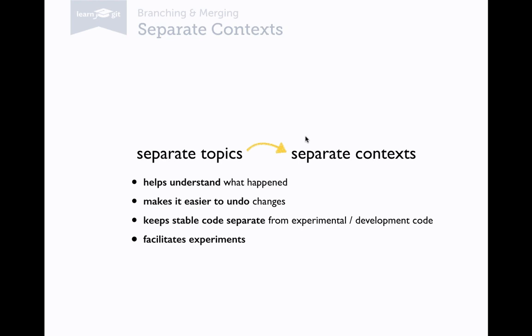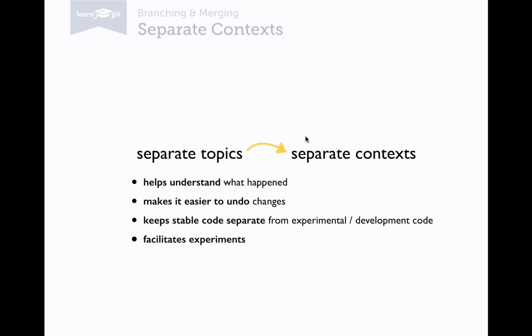It makes it also easier to undo changes, because if you see that something doesn't work, maybe a whole feature doesn't work, or the client doesn't want it anymore, you can throw it away in seconds, instead of picking out the individual code parts after they've been mixed with the rest of the code. And of course, it keeps stable code separate from experimental, from developmental code.